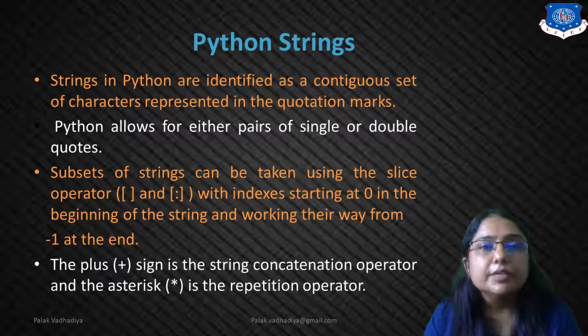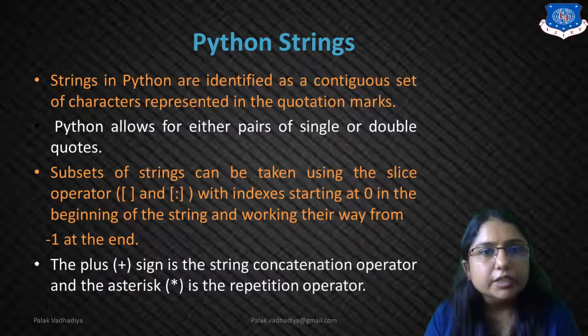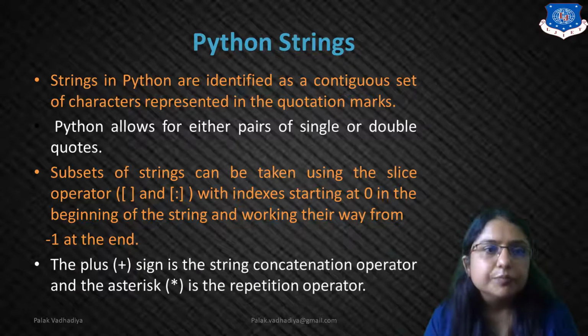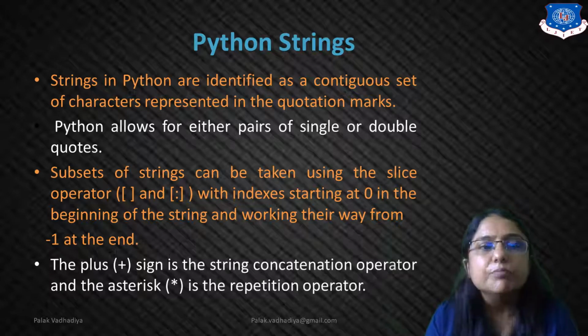Now next we will discuss the Python string. First we will learn all this theoretical concept and then I'll show you how you can implement it practically. Now in Python, strings are identified as a contiguous set of characters represented by quotation marks.